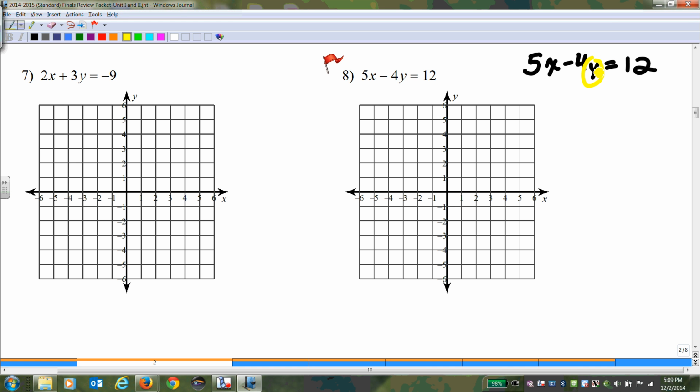My storyline I taught you, that's a party, 4's the date, 5x is another date, and 12 is a stag. Your goal is to get y by itself. So the first thing that's going to leave is the other date. So we're going to minus 5x both sides. We end up with negative 4y equals negative 5x plus 12.